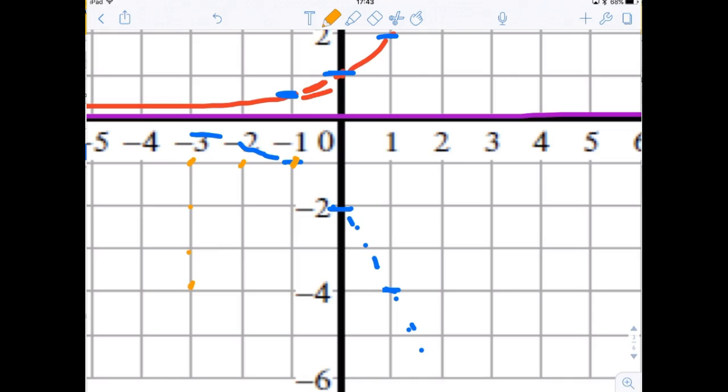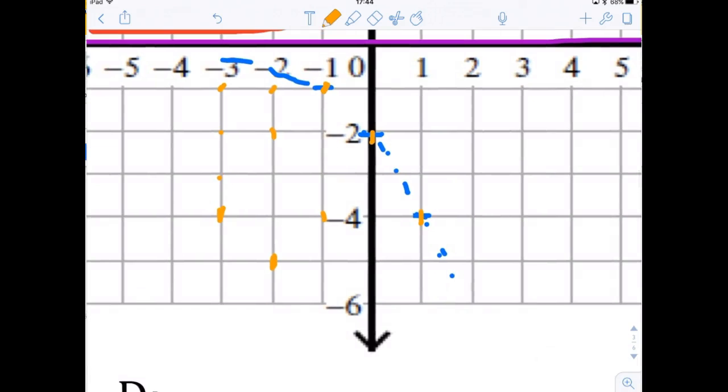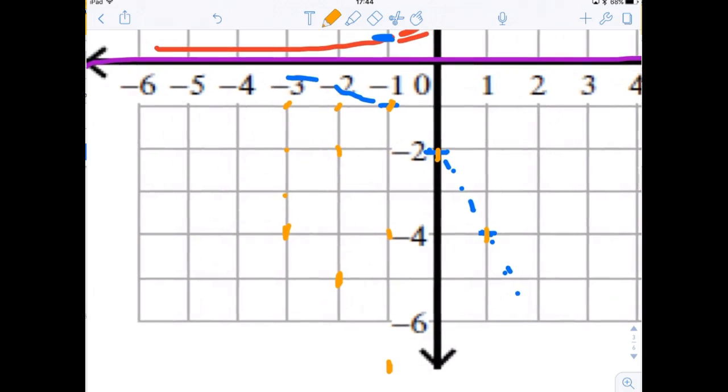So for example, this point here is going to go here. This point here is going to go here. This point here is going to go off the screen down here. And then the asymptote, instead of being on the x-axis here, it's going to go 3 down. The asymptote, of course, is not affected by the horizontal translation.